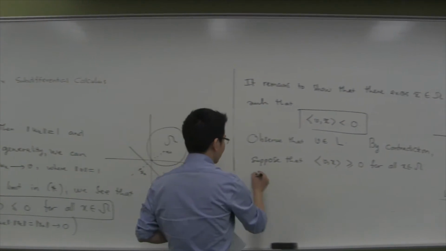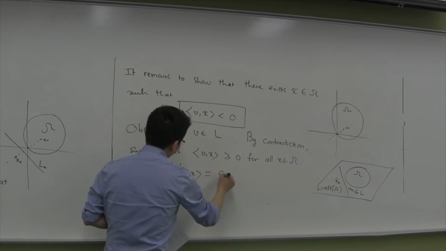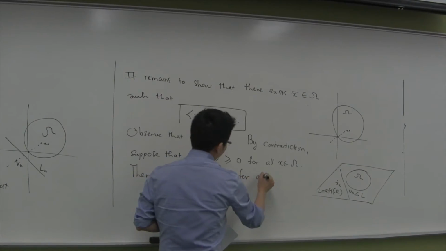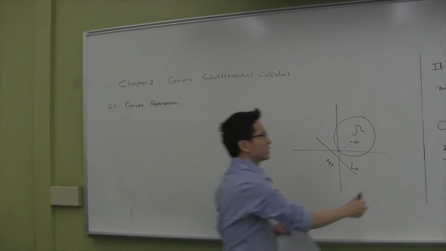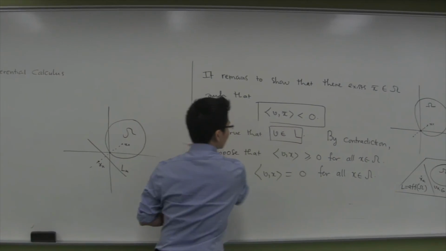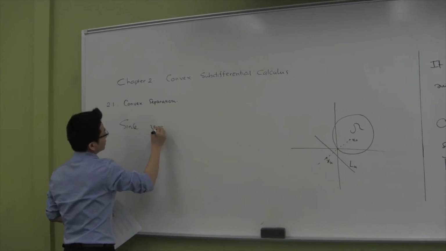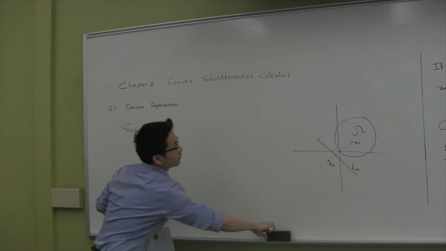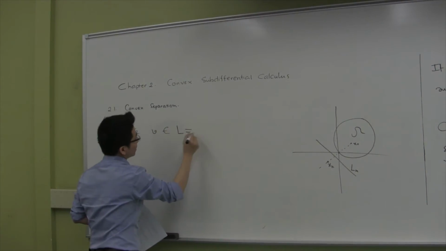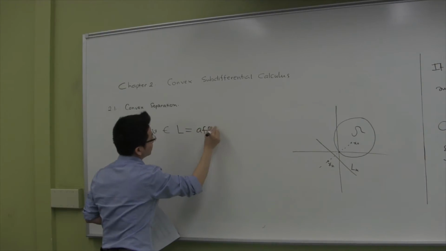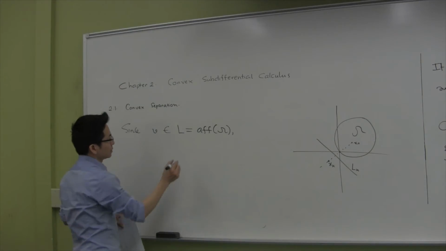Then we have the following: the inner product of V and x has to be 0 for all x in Omega. Now we are going to use this observation. Since V is in the set L, and remember that L is just the affine set generated by Omega, we have the following representation.